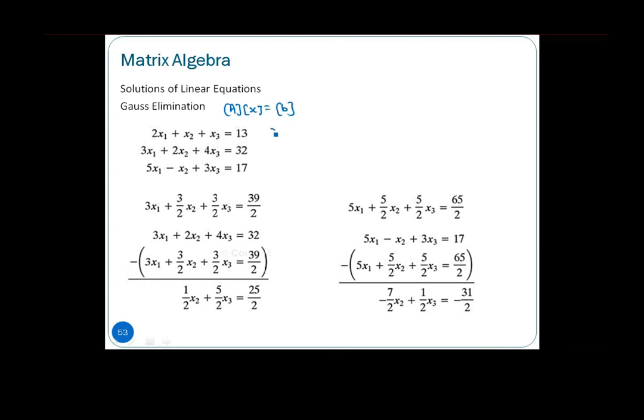We have A as 2, 1, 1, 3, 2, 4, 5, negative 1, 3. Then we have our x1, x2, x3 in matrix format equal to 13, 32, 17. So it is again similar to what we formulated, K U equals F, using our finite element methods.